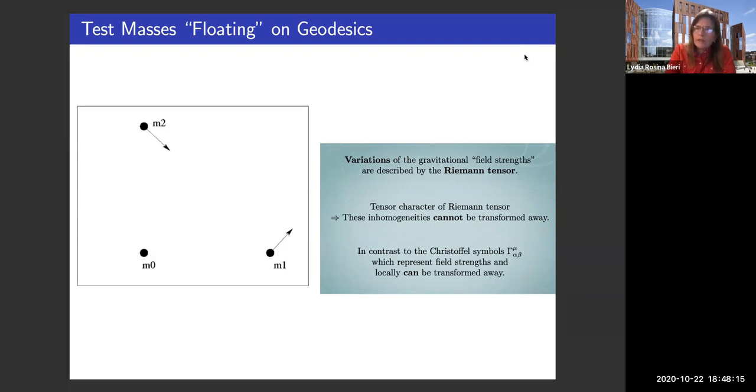So what is governed by the Riemannian curvature tensor is really the field, what happens between these geodesics or between these test masses. We can think of the variations of the gravitational field, the field strength in terms of curvature, as described by the Riemann curvature tensor.